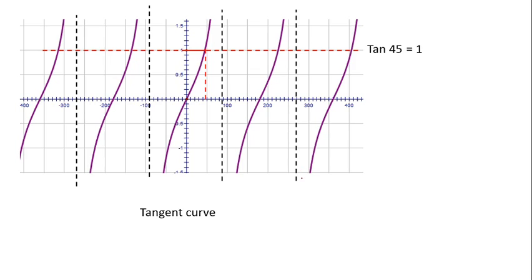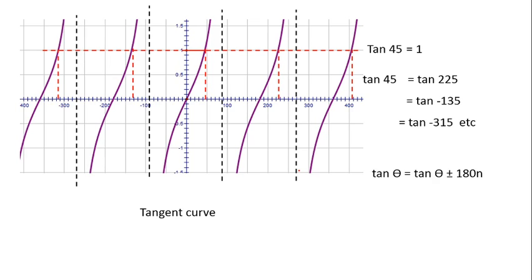It's just the same graph translated 180 degrees. It repeats itself every 180 degrees, and so tan of 45 is tan 225, tan minus 135. All I have to do is add on or take away multiples of 180 degrees, and that gives me the same value for each of these angles.